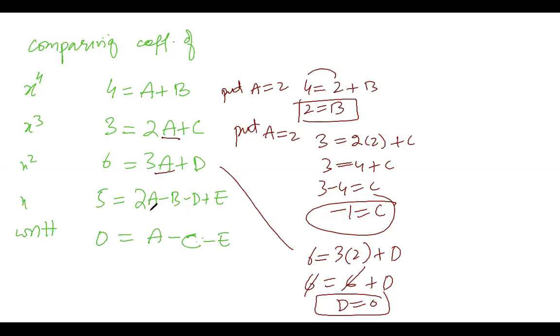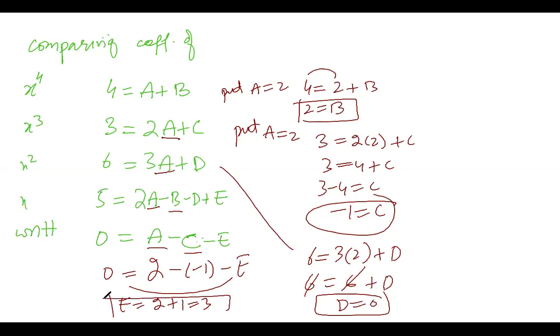If you put the value of a and c here, you will get: d is 0, the value of a is 2, the value of c is minus 1, minus e. This e goes on this side. e is equal to 2 minus minus, plus, is equal to 3. So we have the value of e as well. The value of e is equal to 3.